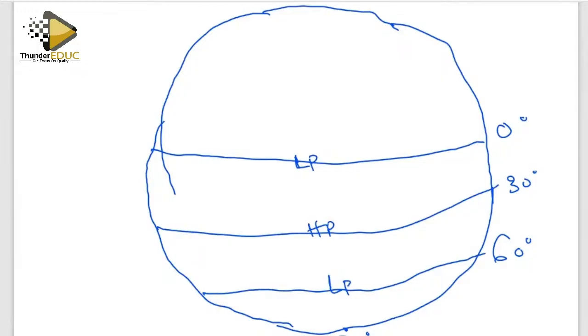And we have the 90-degree polar region to the south, which is a high pressure belt. Then because of this distribution of pressure belts, we also have a pressure gradient existing between the pressure belts. There's high pressure, there's low pressure, which implies that the winds are supposed to blow from the high pressure going towards the low pressure.